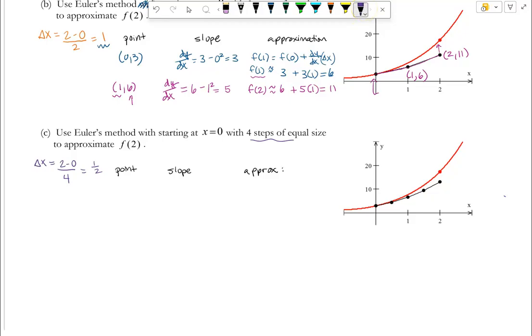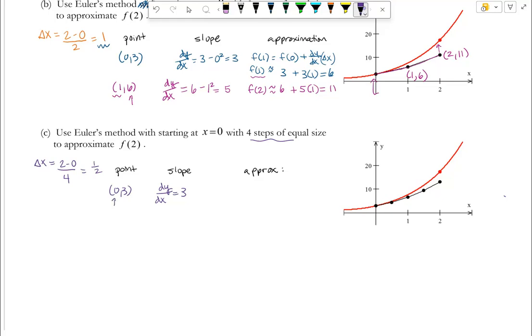All right, so my original point that we were given is (0, 3). My original slope at (0, 3) is 3, because we found that several times now. So when I do my approximation here, I'm not finding f(1), I'm finding f(1/2).